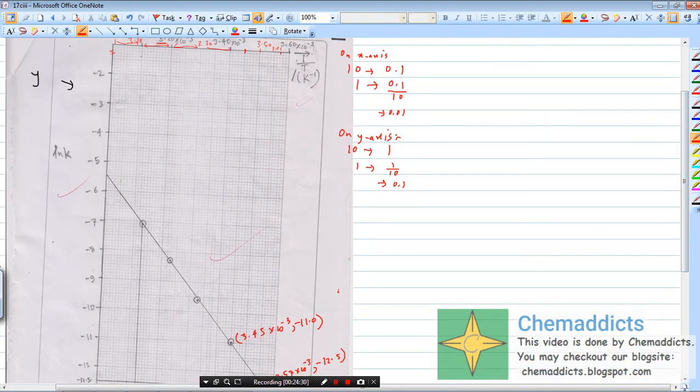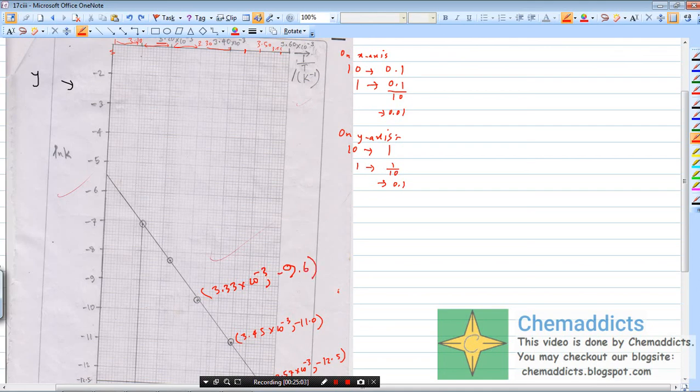Alright, this is 3.45. Okay, so same as before, we're gonna plot another thing from the data given. So this is another point, 3.33 into 10 to the power minus 3 and minus 9.6.